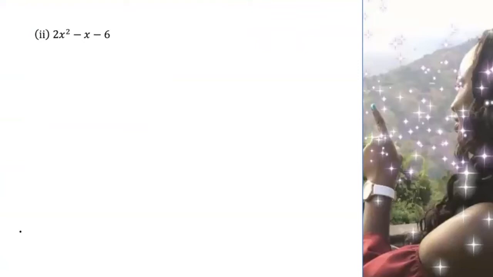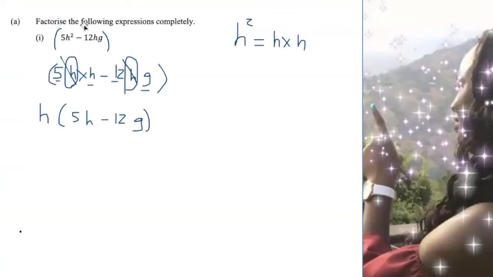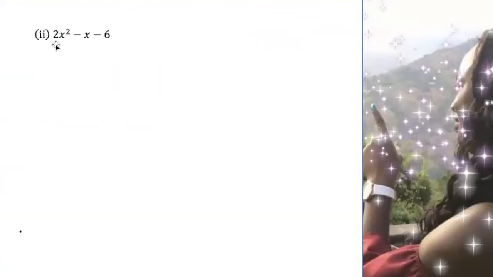So we're still looking at factorizing the expression, and just a reminder, it's an expression. If I had equals 0, then this would be an equation. How do we factorize this? Now we're seeing 2 in front of this x squared, so I will multiply 2 times negative 6.